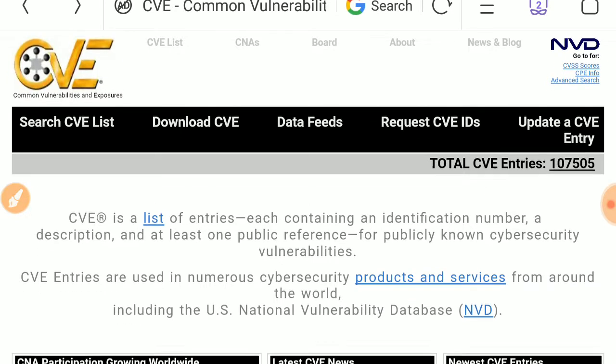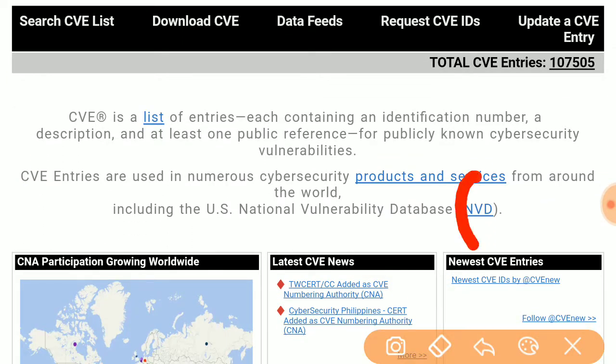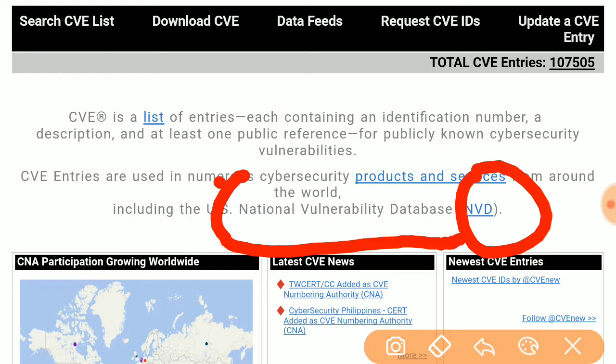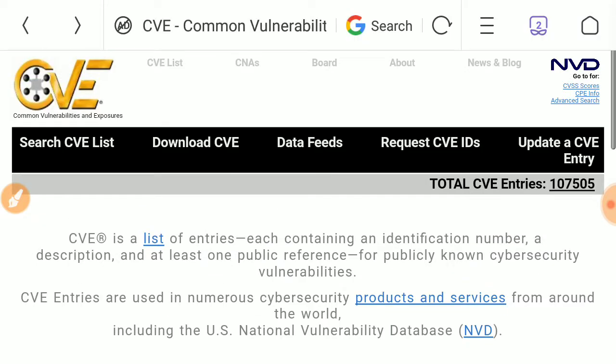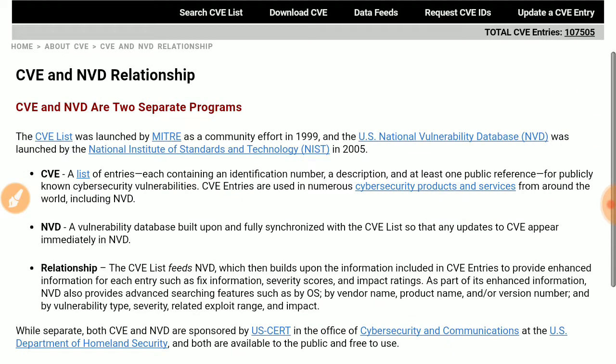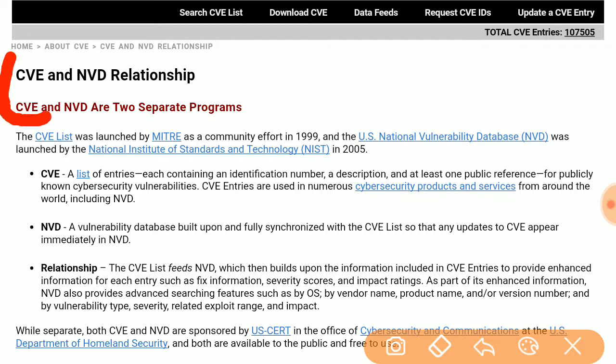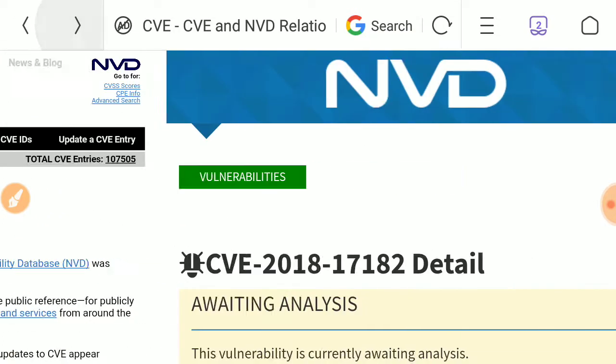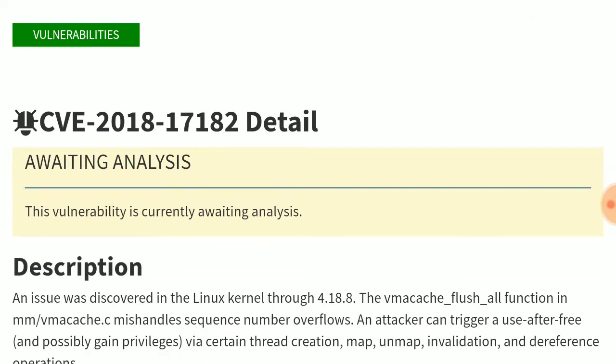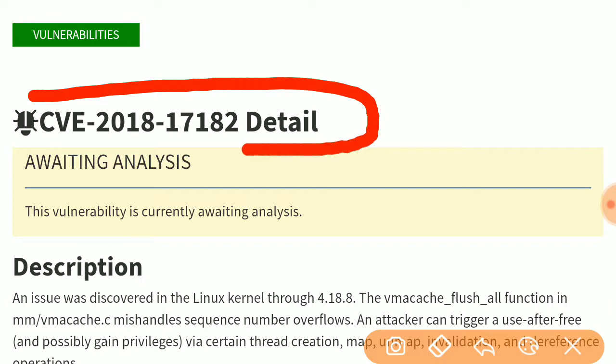Now, there is another term, that is NVD or National Vulnerability Database. NVD is a superset of CVE or Common Vulnerabilities and Exposures, and NVD takes input from CVE. Here you can see that this is the NVD site.